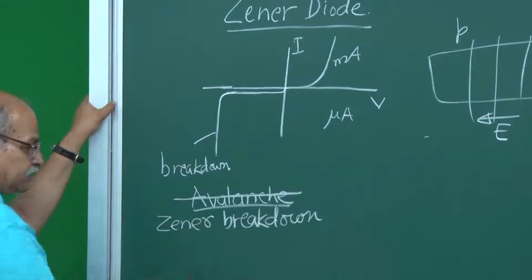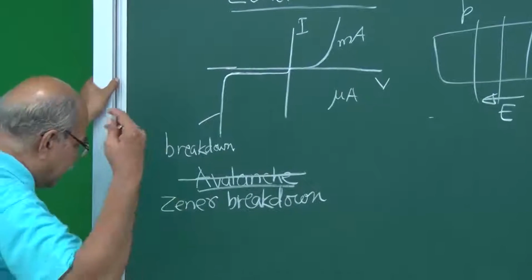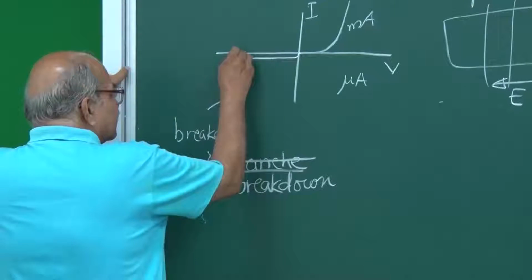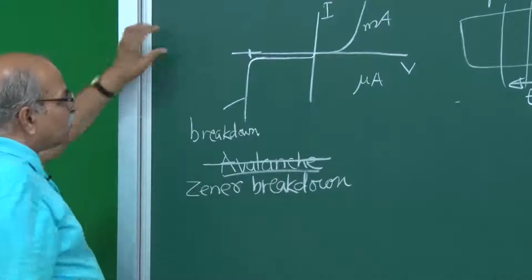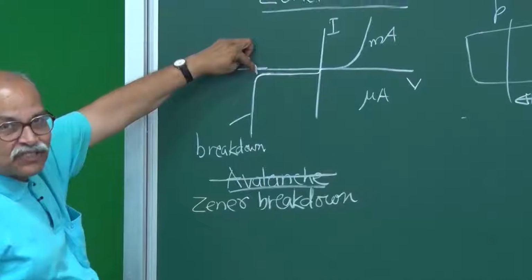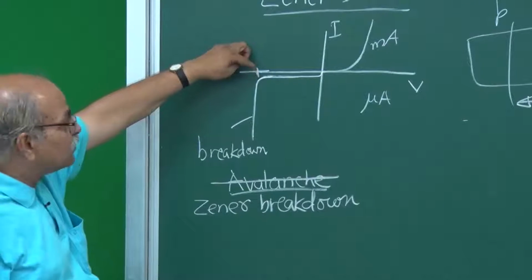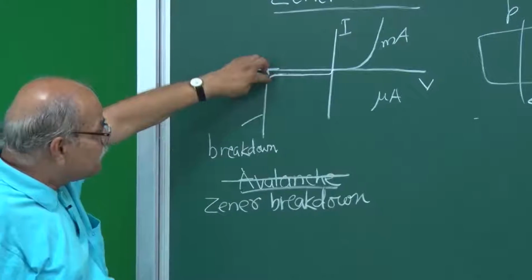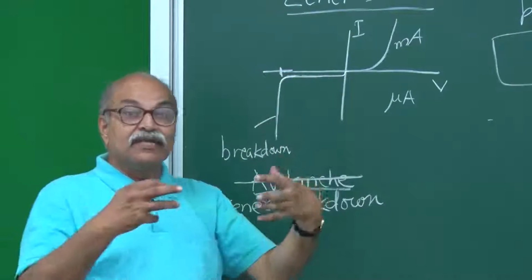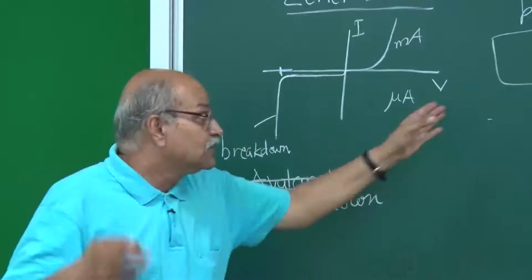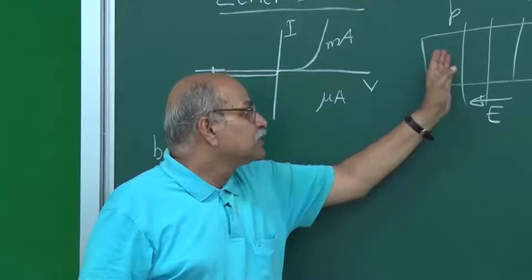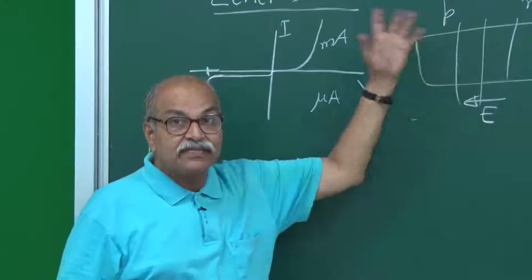And the interesting part is that breakdown occurs at an almost sharply defined voltage. Okay, and what that voltage is can be controlled by the diffusion, the concentrations of impurities, and so on.